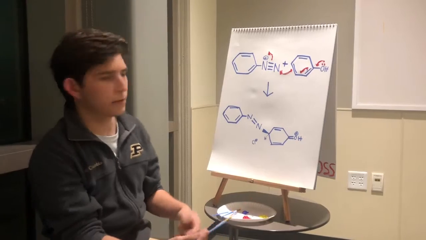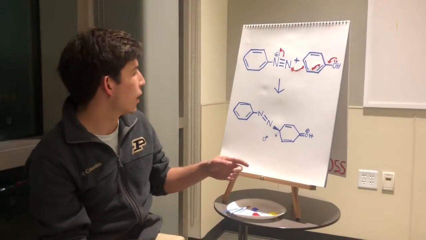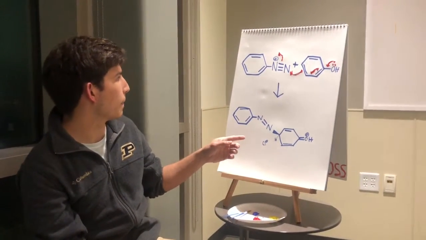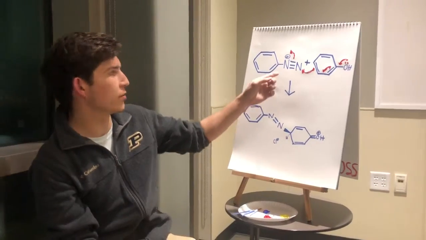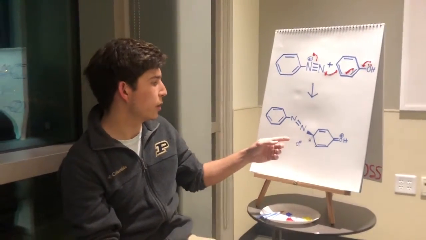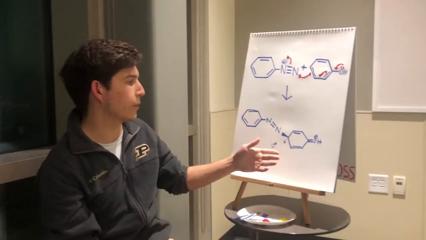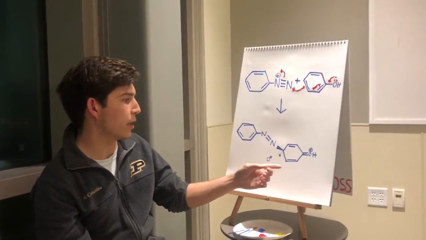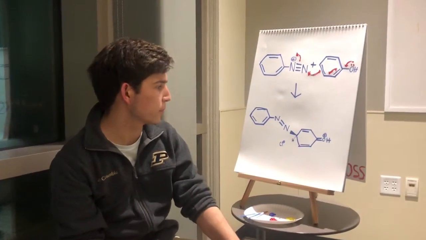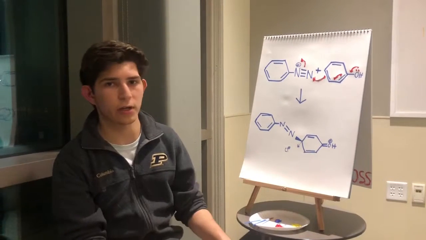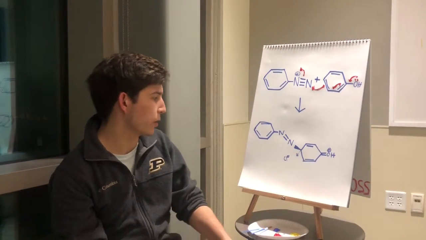All right, so this is the first step of the mechanism, and what we're going to see is a change from the triple bond to a double bond, and then a change in the structure of the double bonds in the aromatic ring, and then a positive charge on the alcohol group here.